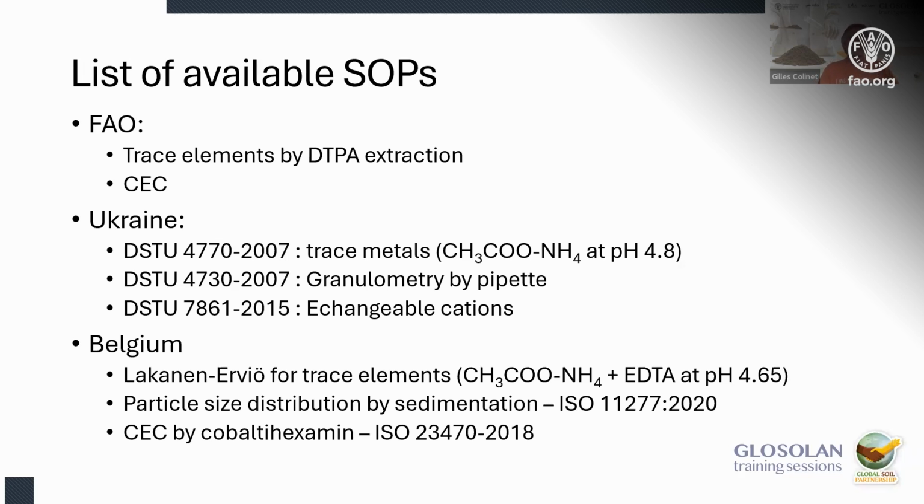So regarding the list of available SOPs, we had from the FAO the trace elements by the DTPA extraction and also the cationic exchange capacity. So we followed both. Regarding the SOPs from Ukraine, there was one about trace metals, but it's a collection of different SOPs, one for every metal.